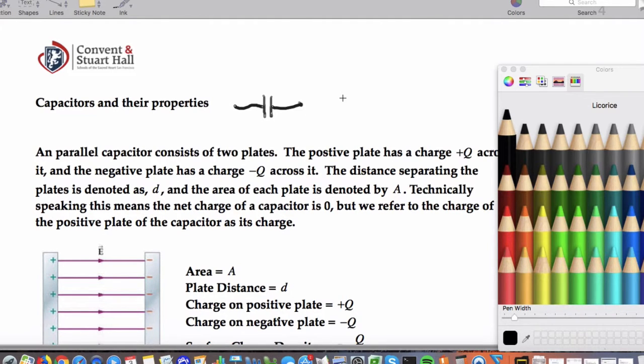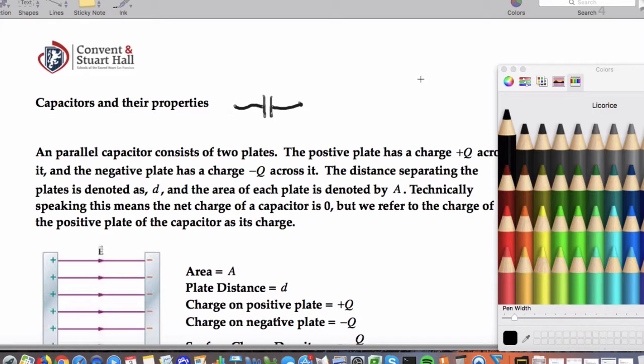After that, we're going to look at inductors and how they work, and we'll know everything we need to know about magnetism. So the month of March is going to be capacitors and their properties. The month of April is going to be inductors and their properties. And by the time May rolls around, we'll have everything we need for both the mechanics and the E&M AP exams.